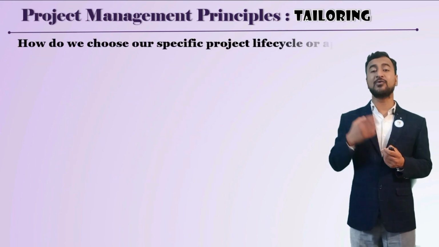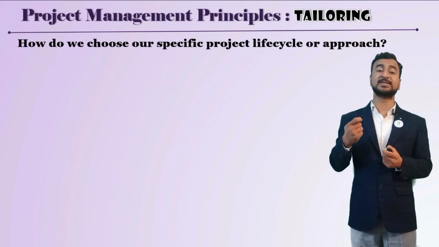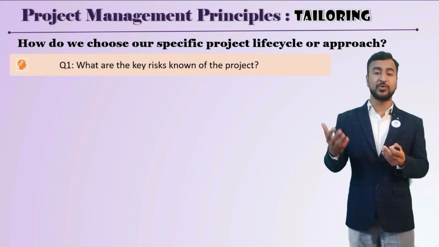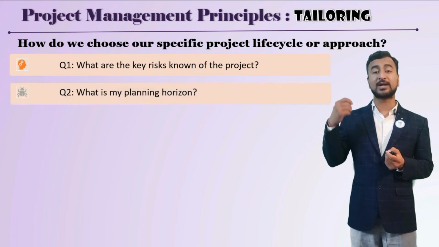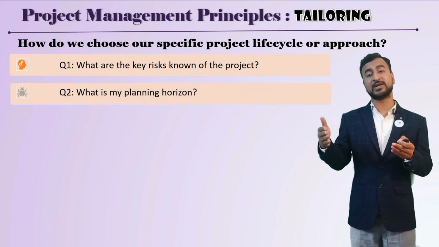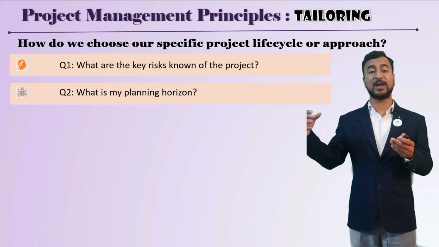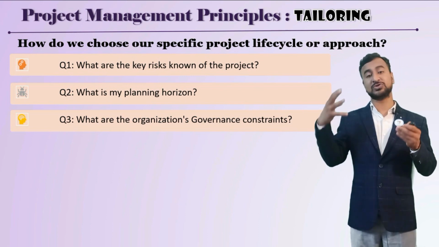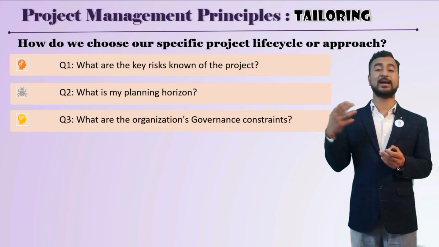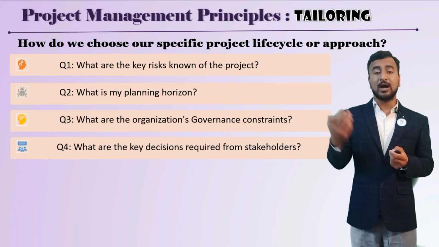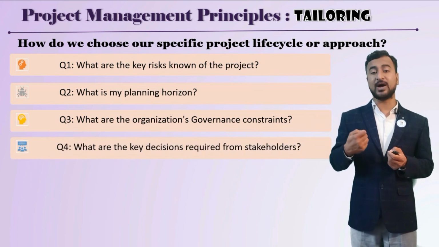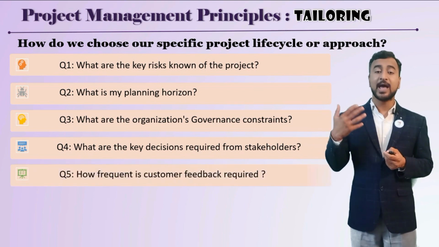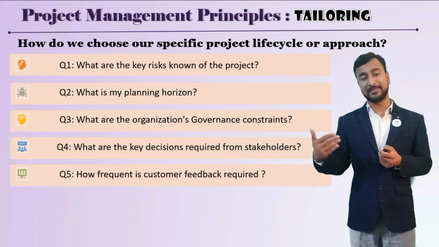So how can you specify which project life cycle approach is best? You have to answer questions like: what are the risks known to your project, what is the planning horizon, whether you are planning for 3 months or 6 months, what is the organization's governance approach, the kind of leadership involvement, what decisions are required from stakeholders, their involvement and engagement with the project, and how frequently you get customer feedback.